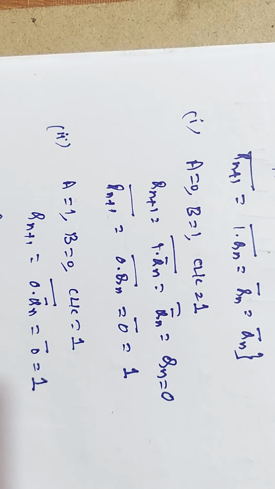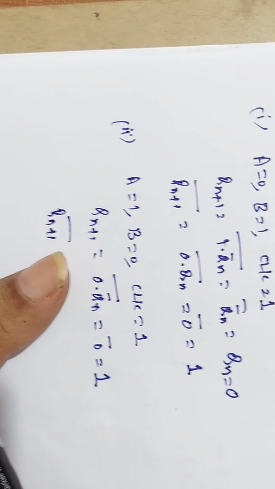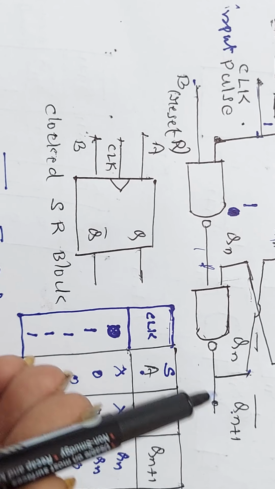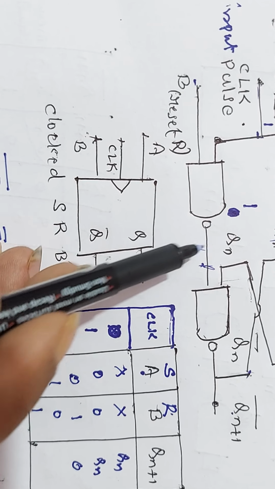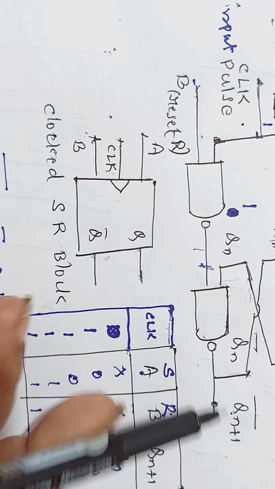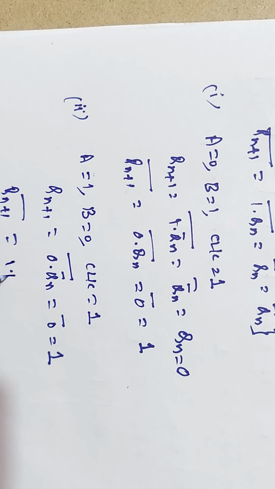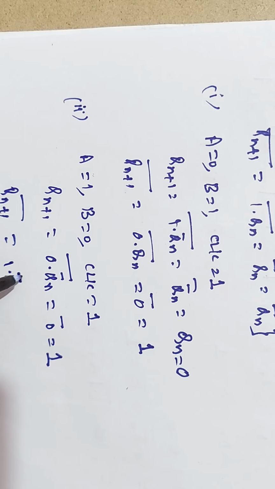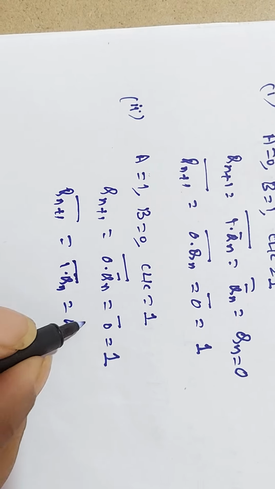And Qn plus 1 bar, what are the inputs? Qn and 1 are the inputs. 1 into Qn, complementary is Qn bar. Therefore, this is 1 into Qn bar whole bar, which is equal to Qn bar itself.